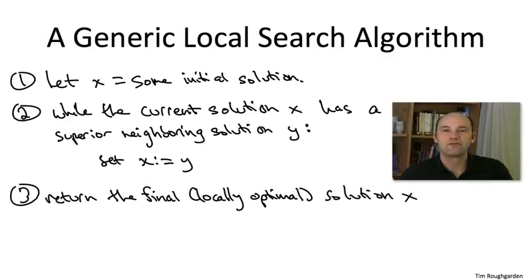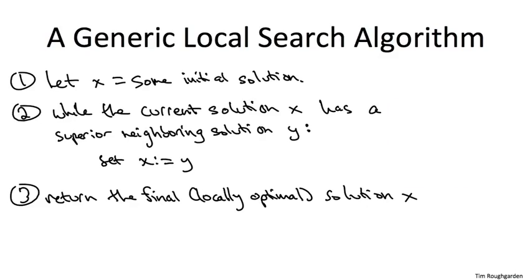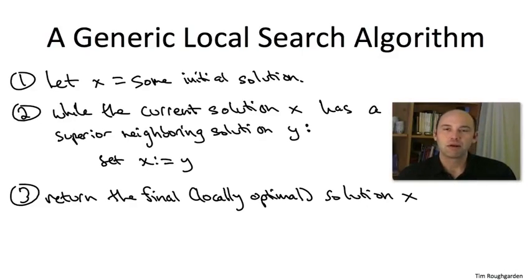Our local search algorithm for the maximum cut problem that we discussed last video is in fact an instantiation of this generic procedure, where the set capital X of all solutions is just the cuts of the given graph, and two cuts are defined to be neighbors if and only if you can get from one to the other by moving a single vertex from one group to the other. In that algorithm, we just started from some arbitrary solution, some arbitrary cut.